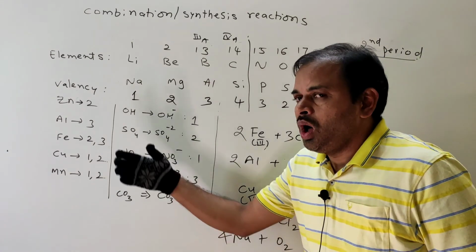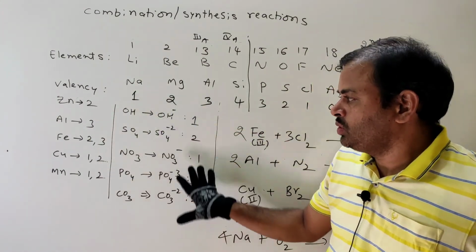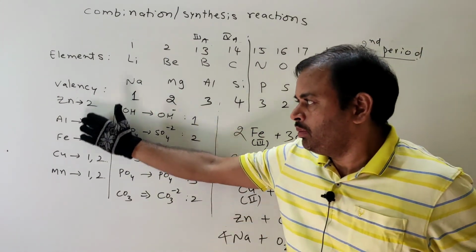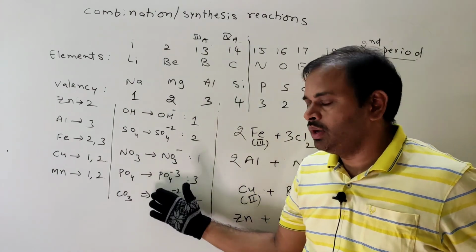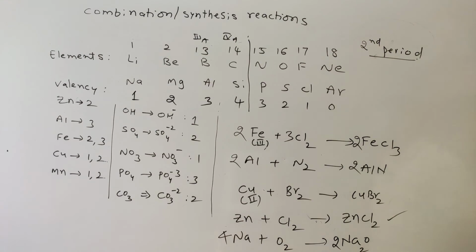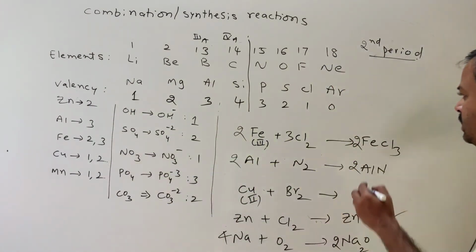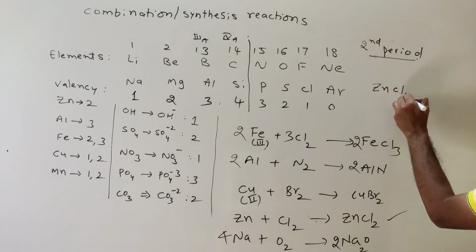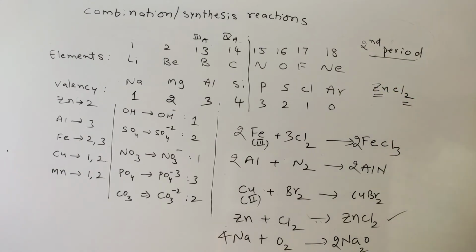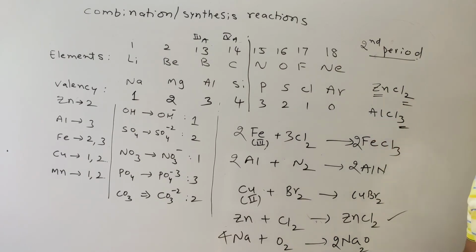Okay. Now how to remember these values? Okay. So here metals are elements. So here negative ions. So zinc is 2. So just recall familiar compounds of these elements. Okay. Zinc, ZnCl2. So its valency is 2. Okay. It is attached to 2 chlorine atoms. Its valency must be 2. Aluminum, AlCl3. Aluminum is attached to 3 chlorine atoms. Okay.